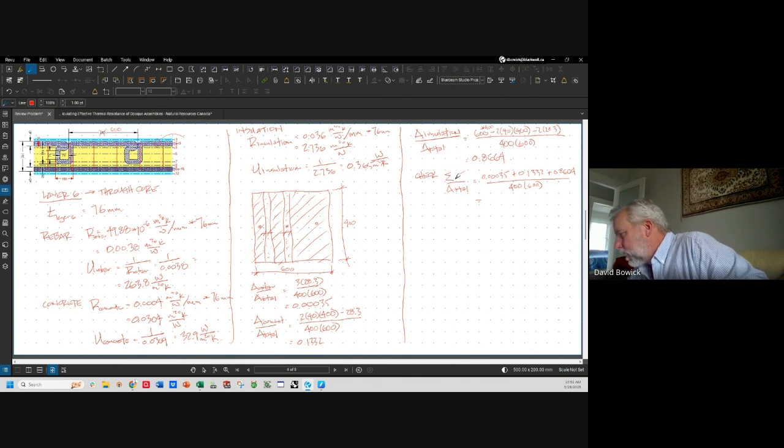Sigma A means the sum of all the areas. So let's see. 0.00035 plus 0.1332 plus 0.8664, divided by 400 divided by 600. Oh my God. I apologize for this.